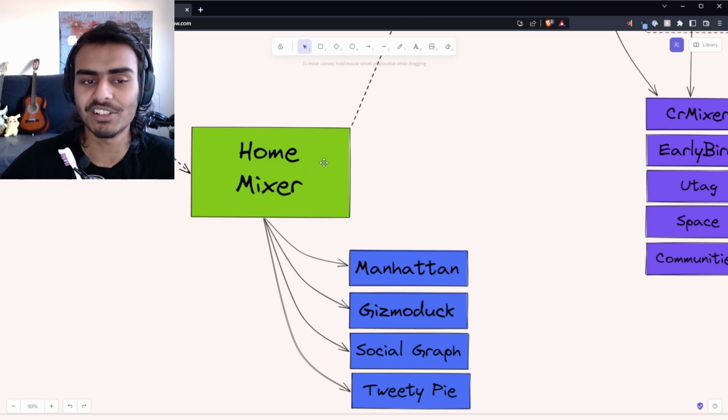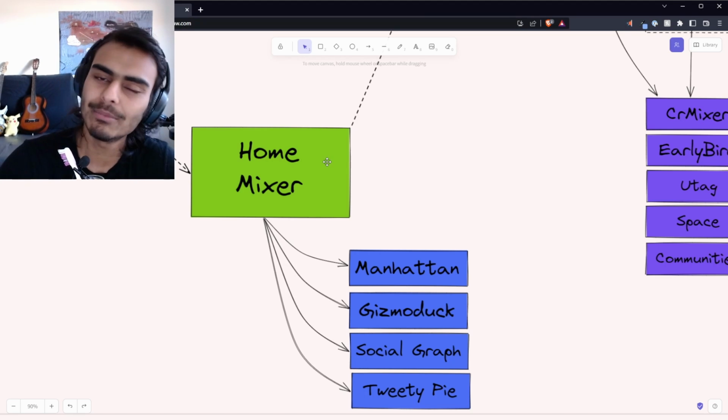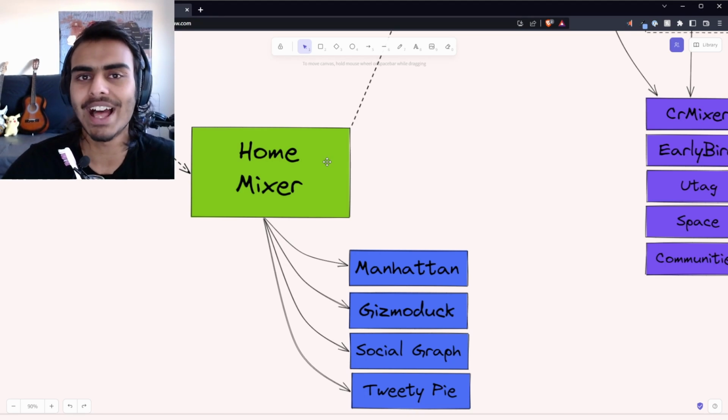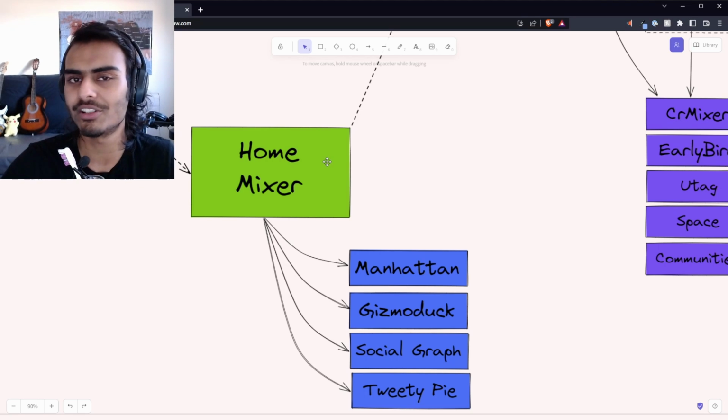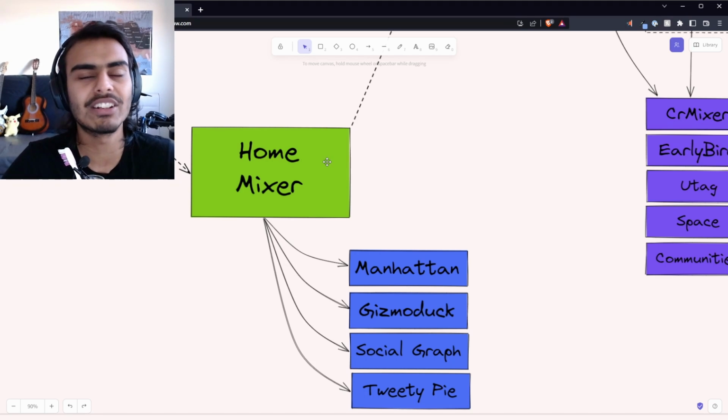So the home mixer takes this nicely ordered and ranked set of tweets and mixes them up into this seemingly random looking order. Now, the mixer probably doesn't do it completely randomly. It probably has some sort of an algorithm to figure out the most engaging order of relevancy. For example, the very first 3 tweets that I see, if they are not incredibly relevant to me, I would probably just switch off.